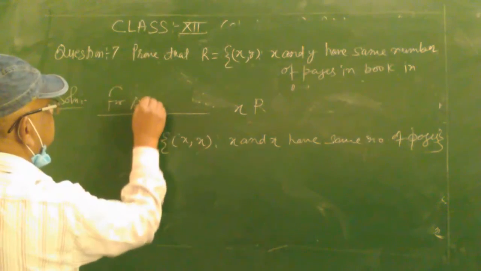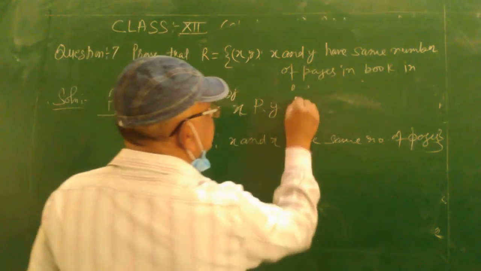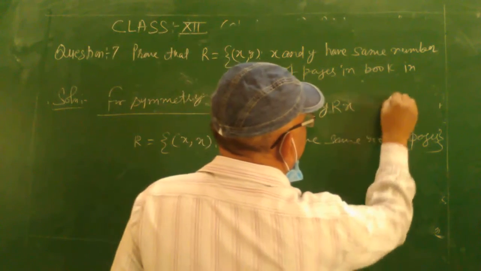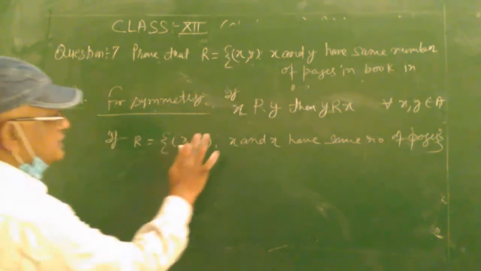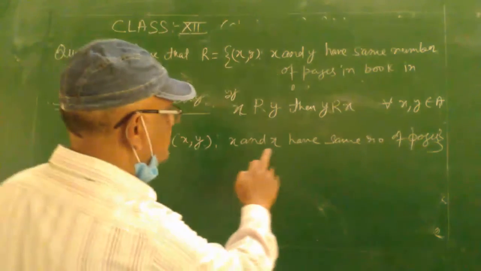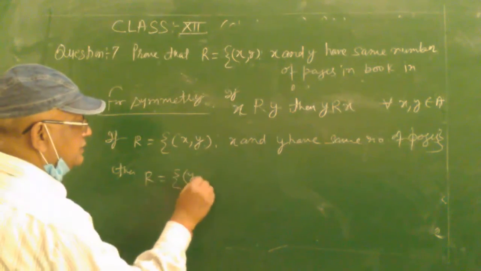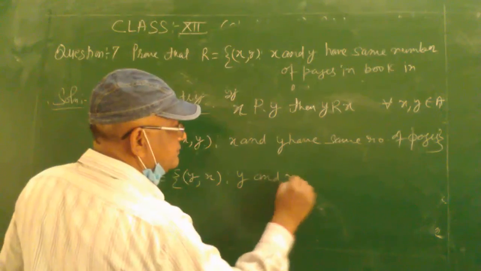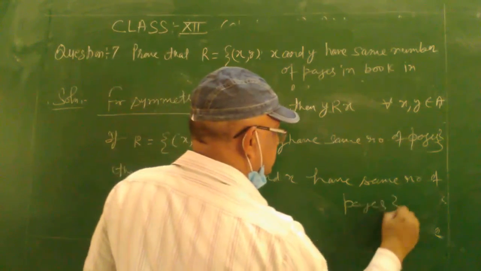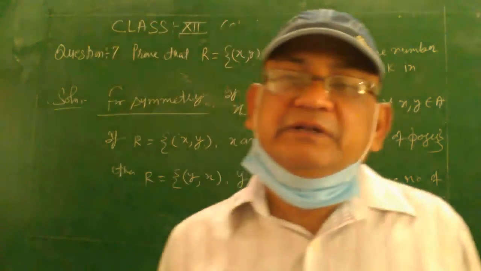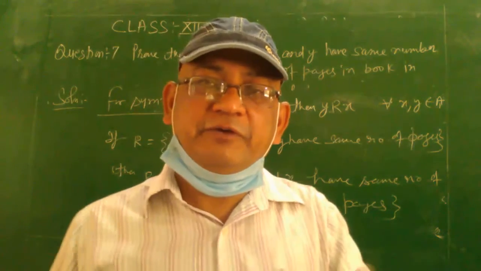For symmetry, here if x related to y, then y related to x for all x y belongs to the set A. So here students you will write if, यहाँ पे in place of x y आ जाएगा, x comma y, x and y have same number of pages, then r is equal to, you will write here yx, that is y and x have same number of pages. तो x और y बेटा अगर सेम नंबर ऑफ पेजेस रख रहे हैं तो y और x भी सेम नंबर ऑफ पेजेस रखें, क्योंकि वो तो सेम ही बुक्स है. आप उसको इधर ना रख के इधर रख ले, x को y मान ले, y को x मान ले, जब वो इक्वल है.